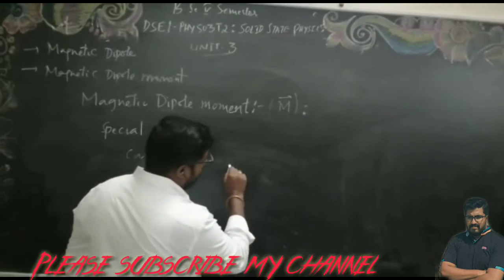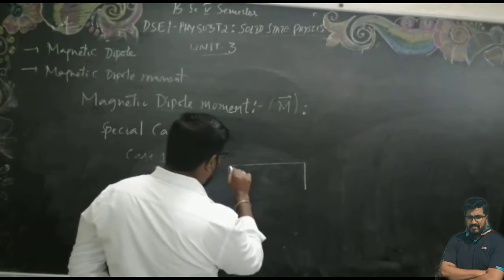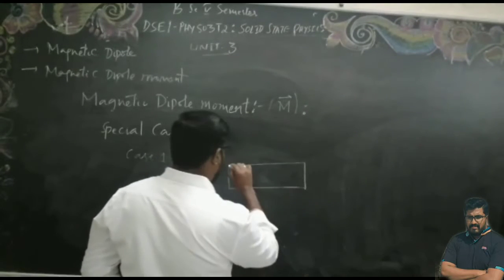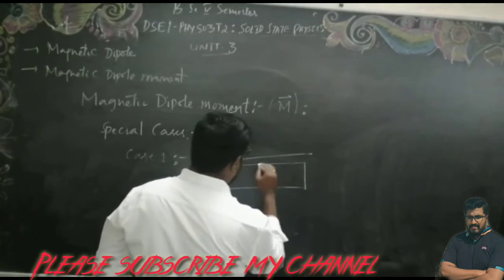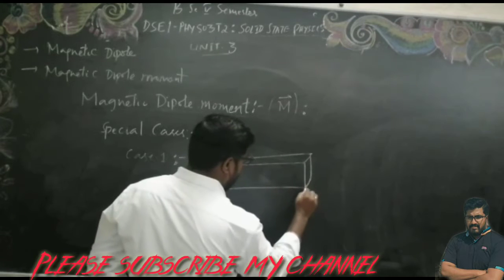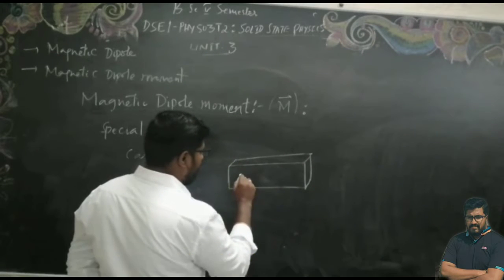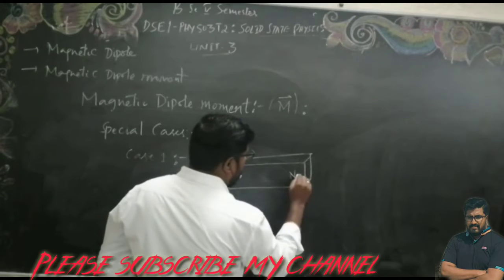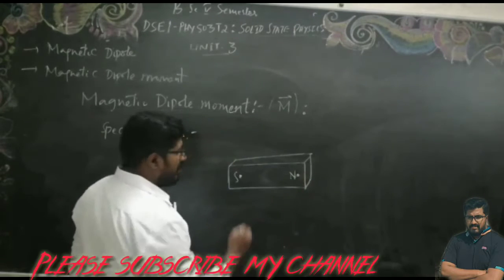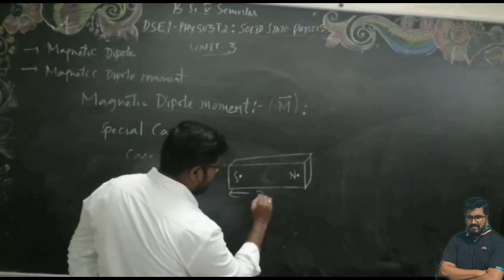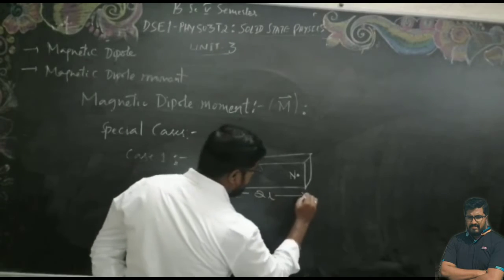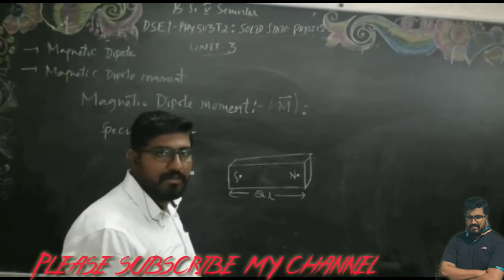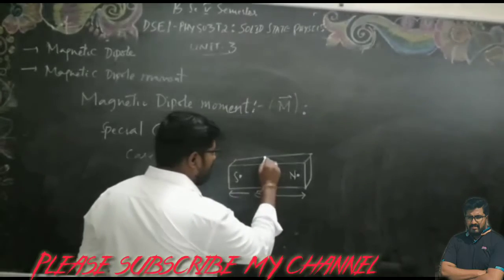If I take the bar magnet, this is our south and this is our north pole, separated by a distance 2L, which is nothing but the magnetic length.